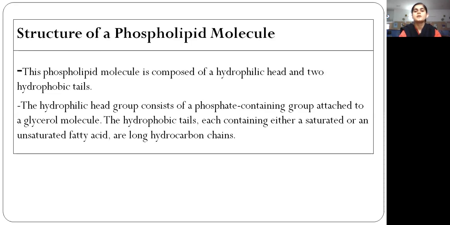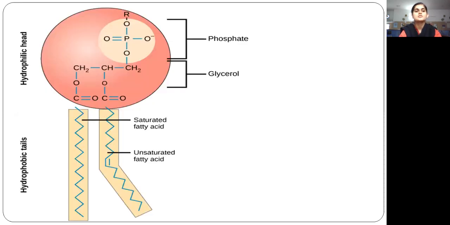Next, the structure of the phospholipid molecule. The phospholipid molecule is composed of a hydrophilic head and two hydrophobic tails. The hydrophilic head consists of a phosphate-containing group attached to a glycerol molecule, and the hydrophobic tails contain either saturated or unsaturated fatty acids with long hydrocarbon chains. As we see in the figure, the backbone of the hydrophilic head is glycerol, a 3-carbon structure.